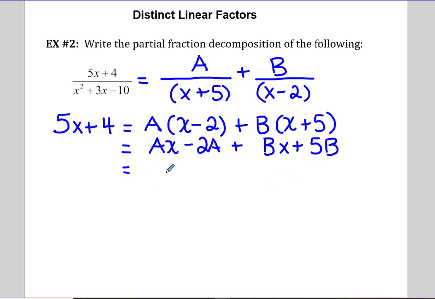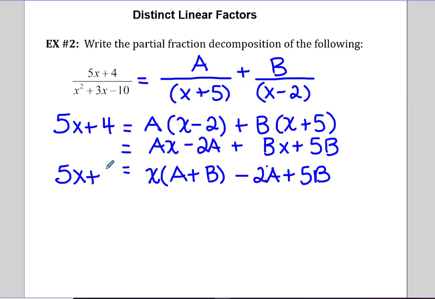And then we can group together terms on the right side so that the x term is a plus b. And then we have 5b minus 2a, or negative 2a plus 5b. And by the system of equations method, if we look at the left side, this 5x has to be equivalent to this term here.